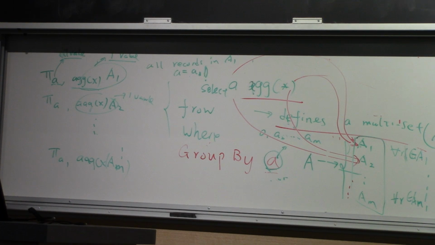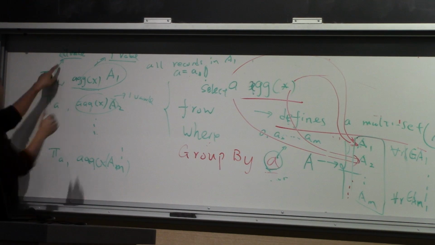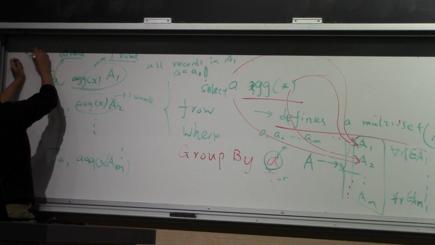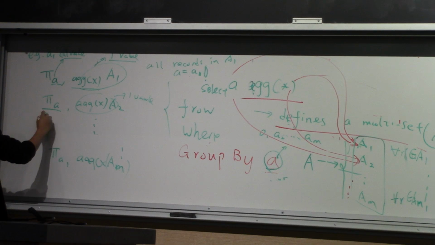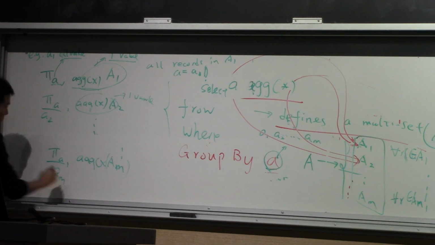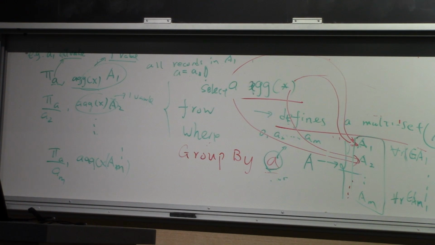Does that make sense? Do all of you follow what I'm saying? And this one value is essentially a1 for this group, and this will be a2, this will be am. Because all records in the same group are guaranteed to have the same values, because you are grouping by with regard to that attribute. They have to have the same values to end up in the same group to begin with.